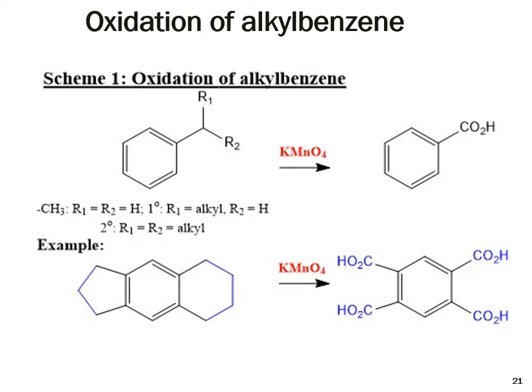If you oxidize this alkyl benzene shown here at the bottom, this is a secondary alkyl benzene, and you can see that the cleavage will be at these points where the blue bonds are shown.